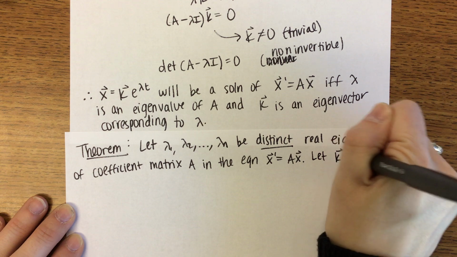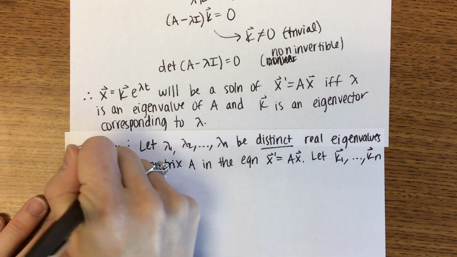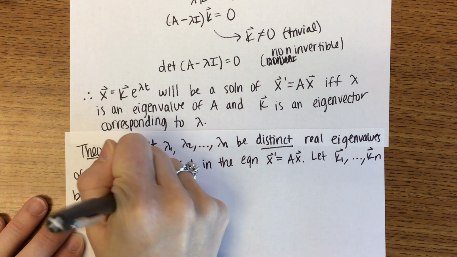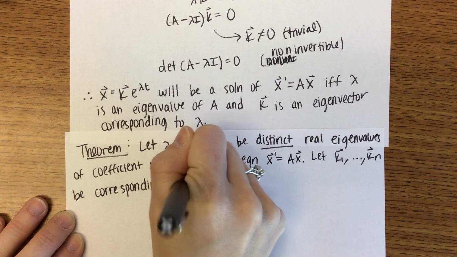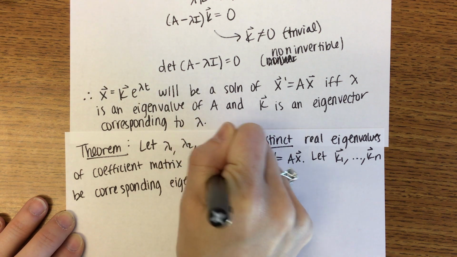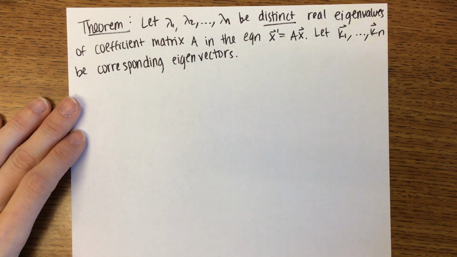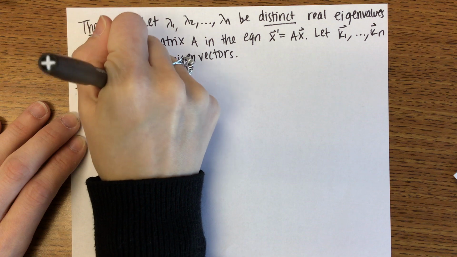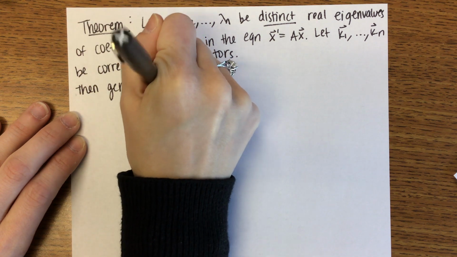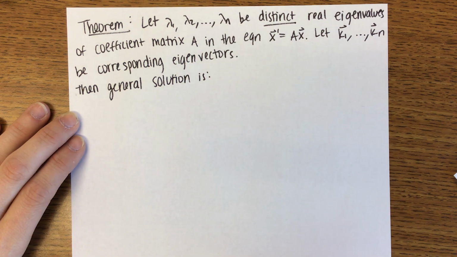Let k1 all the way to kn be the corresponding eigenvectors, then the general solution is the following.